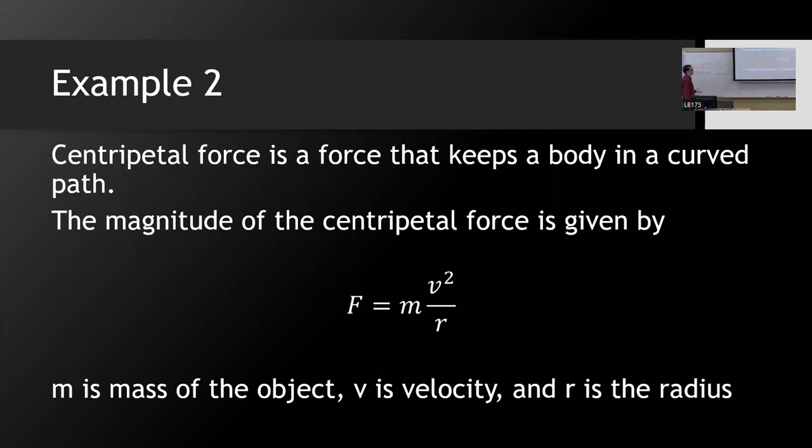Here's an example from physics. Centripetal force is the force that keeps a body in a curved path. The magnitude of that force is given by m times v squared divided by r.